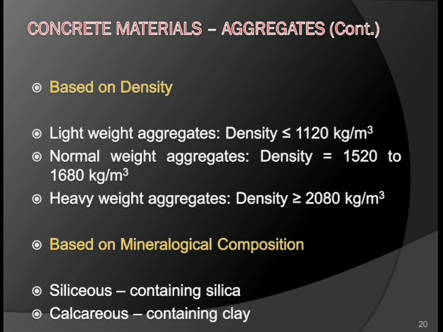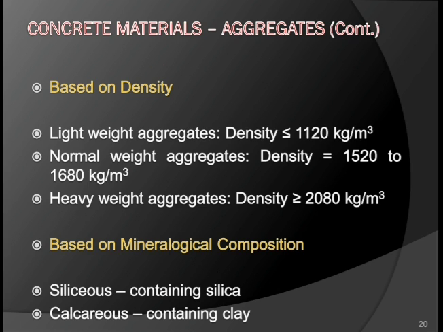Next classification is based on density. Lightweight aggregate density is less than or equal to 1120 kg per meter cube. Normal weight aggregate density is 1520 to 1680 kg per meter cube. Heavyweight aggregate density is greater than or equal to 2080 kg per meter cube. Now, the last classification of aggregate is based on mineralogical composition.